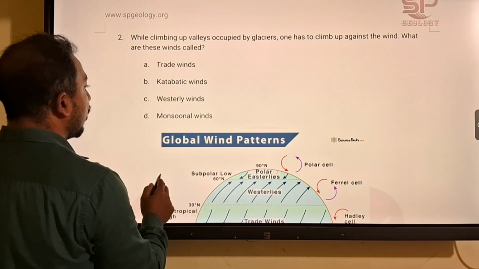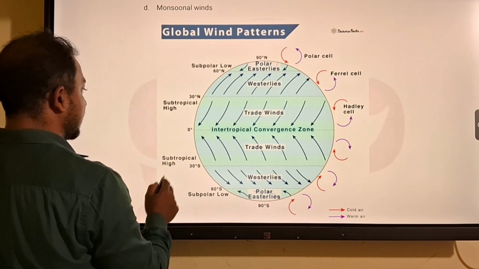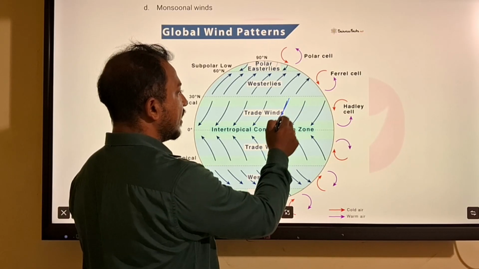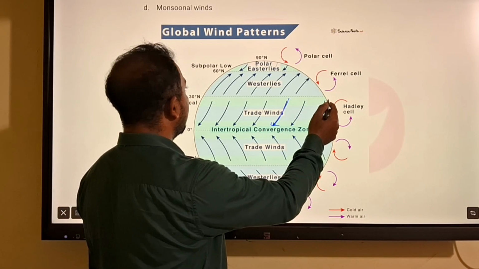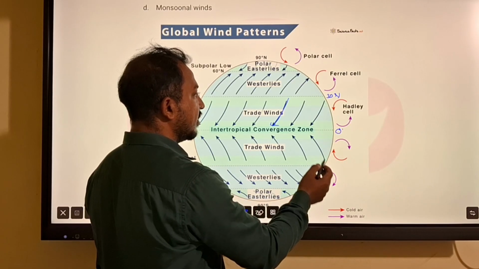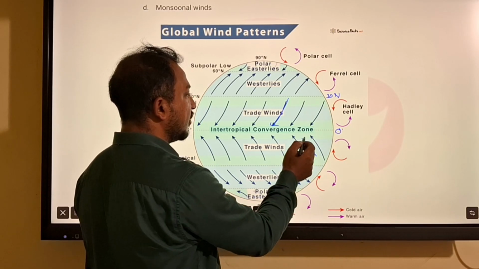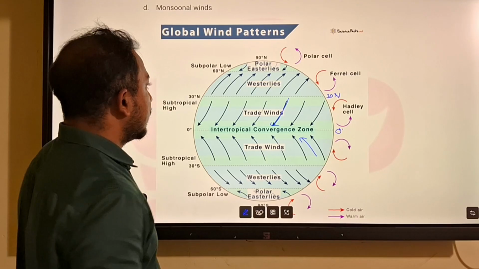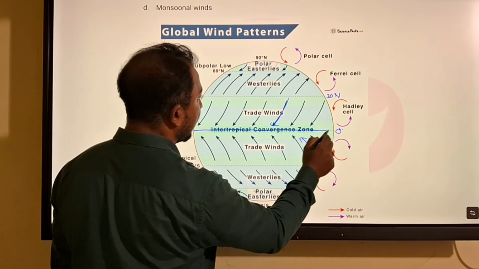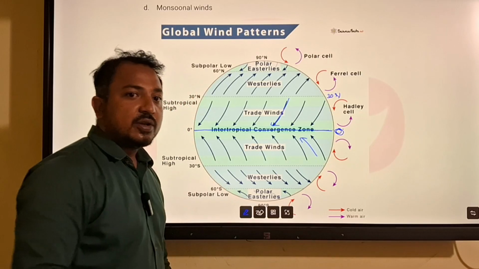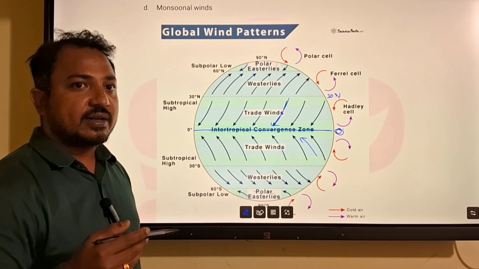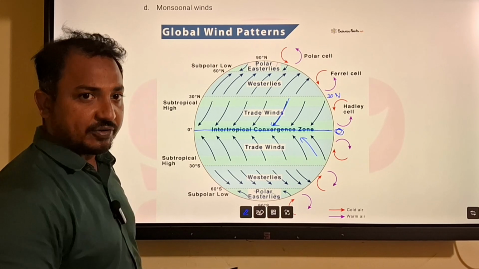Then your other wind belts are here. You can see one is trade wind that flows from 30-degree north to 0-degree equator. This is northeast trade wind. This is southeast trade wind. So how is this wind belt produced? This is your 0-degree latitude, that is equator. So equator is always closer to the sun, so it receives more heat.